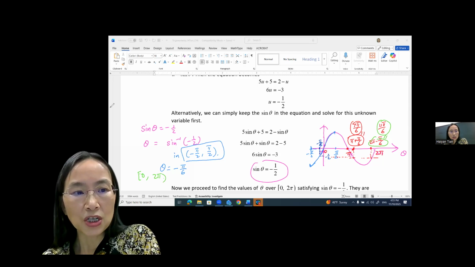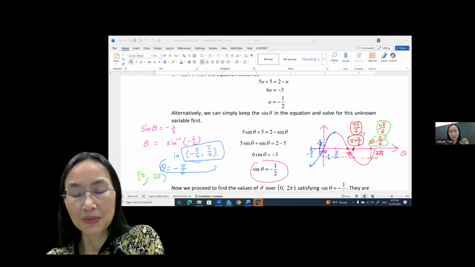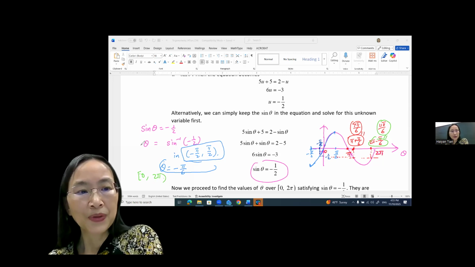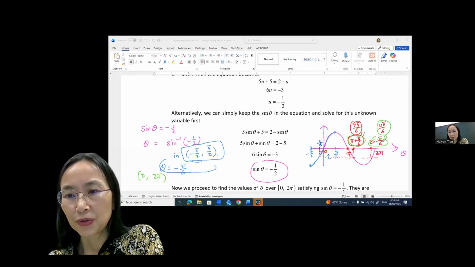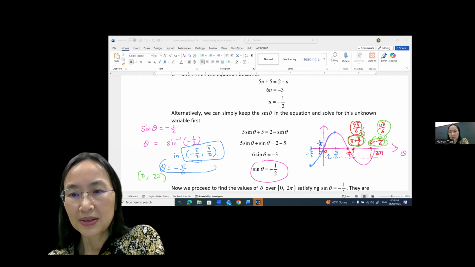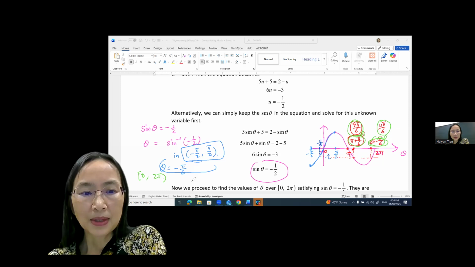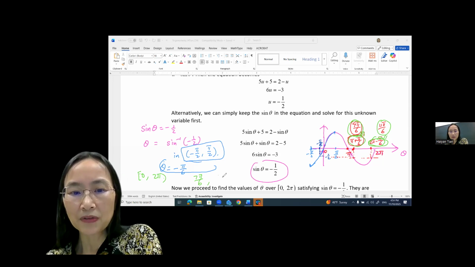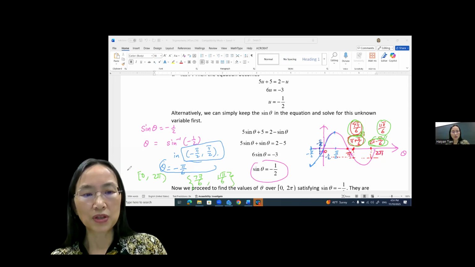By doing the inverse, we only get a negative theta, so we have to find a positive theta, at least 0 but less than 2 pi. So we discovered these two: pi plus pi over 6, which is 7 pi over 6, and 11 pi over 6. They are the two solutions.